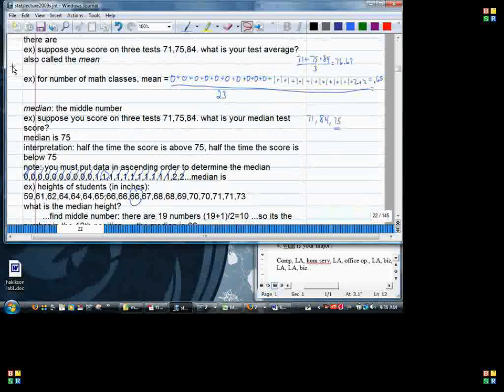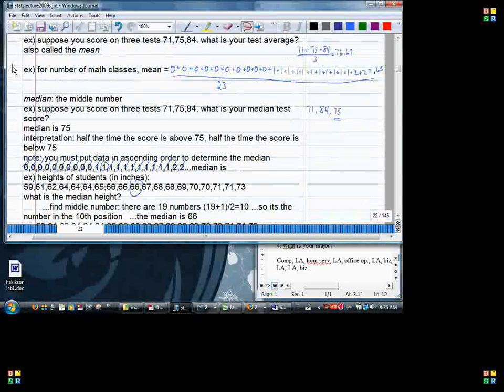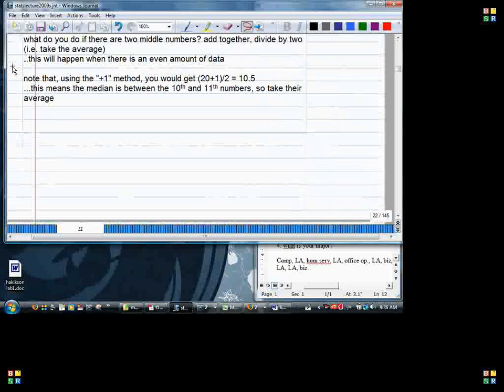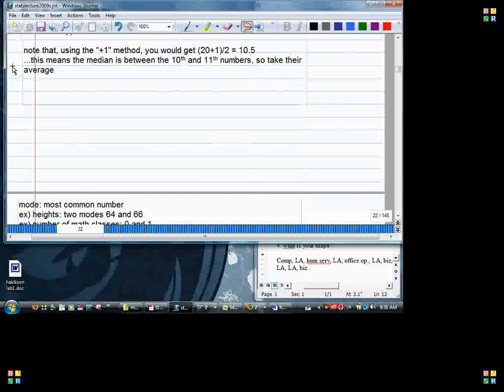How many 64s are there? How many 66s are there? 2 modes. Well, for mode, no, mode is specifically asking what's the most common number. You wouldn't say the most common number is 65. That doesn't make any sense. Most common number is 64 and 66. It's a tie.